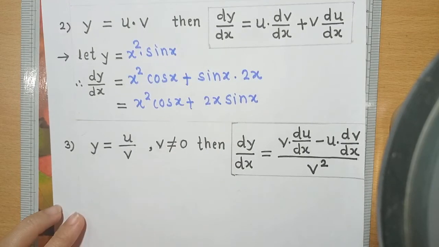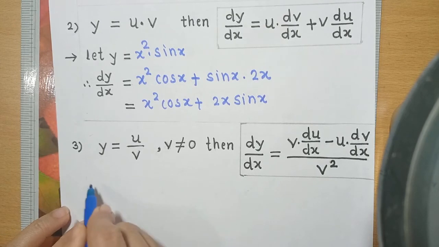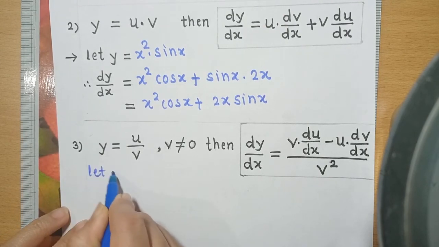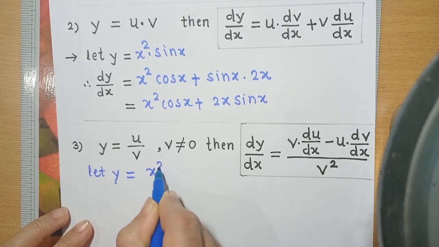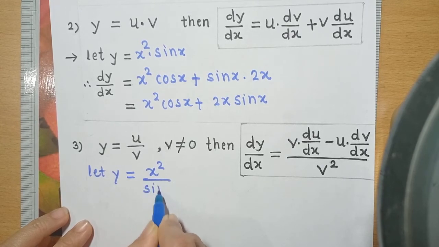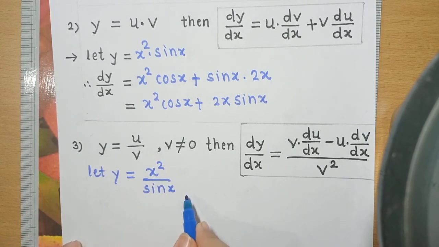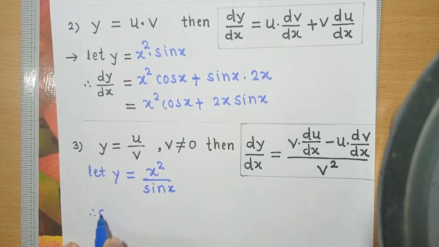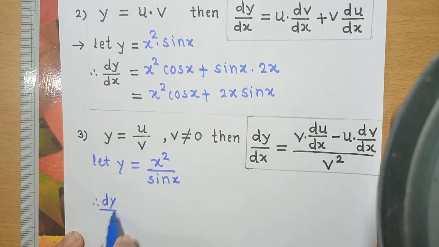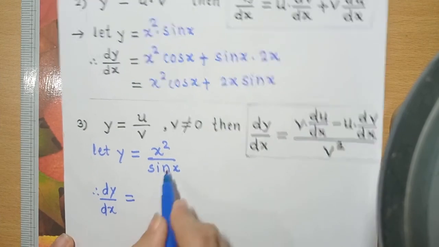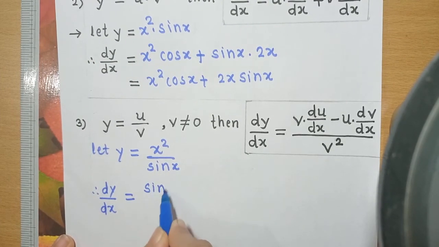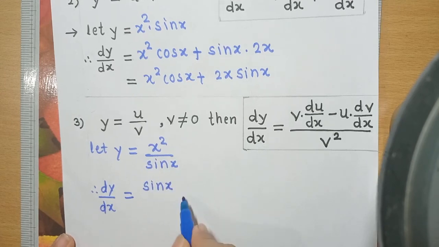Now again if y is in quotient form, let y is equal to x square upon sine of x. So this function is u, this function is v, and therefore dy by dx is equal to first v. So write down here sine x, then derivative of x square which is 2x.